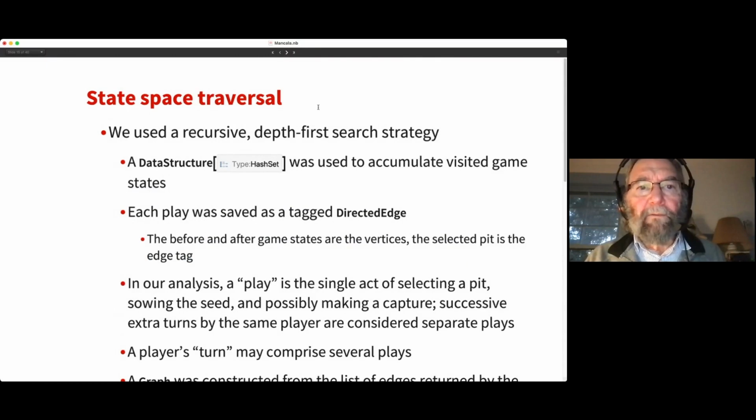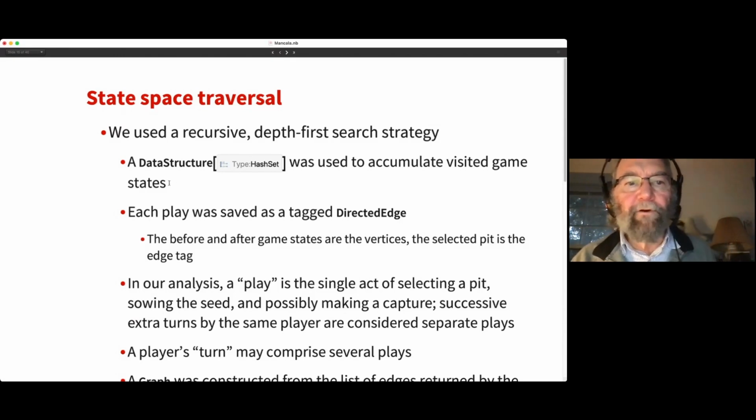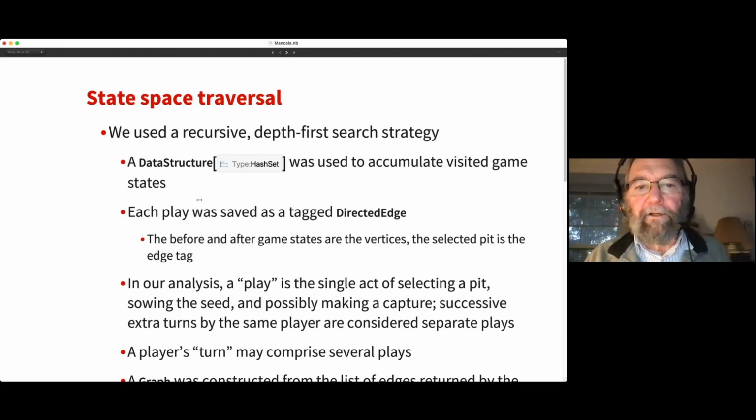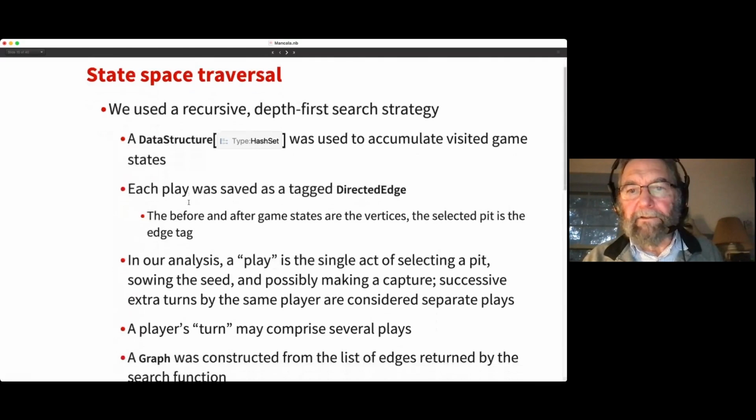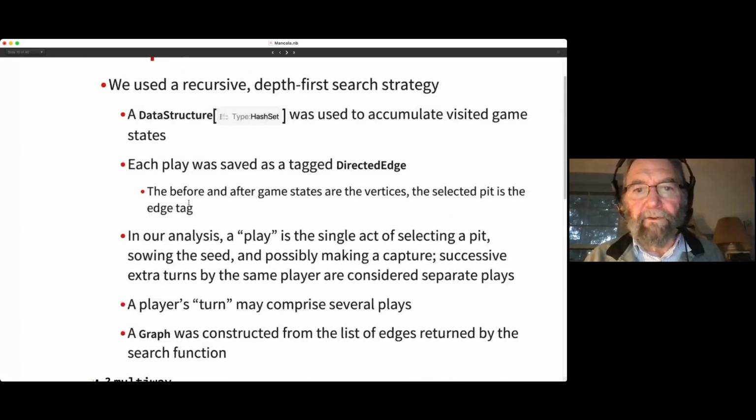So the way we compute all the possible games, I used a recursive depth first search strategy. I used a hash set data structure to keep track of the different game states that were visited, so that once one was visited, I didn't have to play any further from that, and I could backtrack and then go on to other game states to play those.